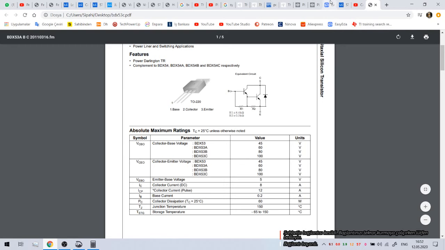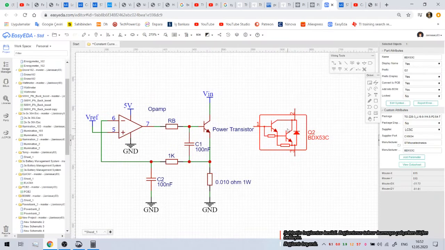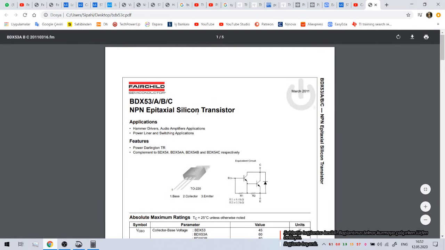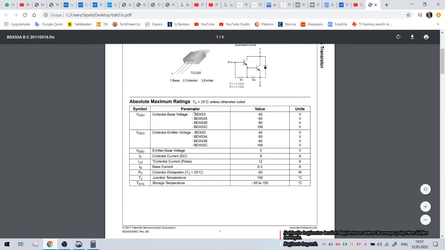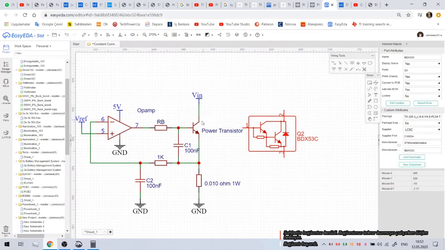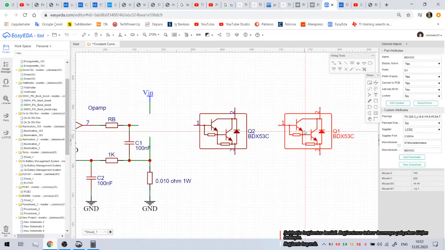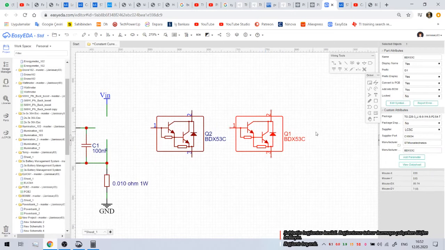And after that, I want to use 3 of BDX53C, and the scheme will be like this. You can see.